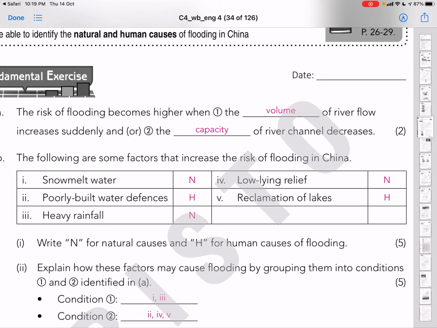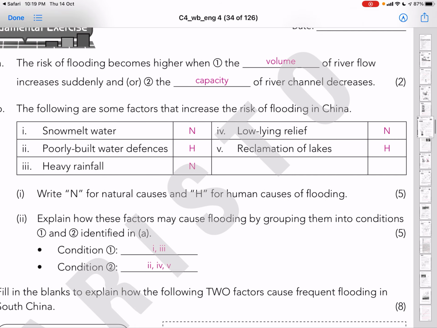Low-lying relief: I am always telling you in the lesson, flooding will not take place in the hills; instead, it happens in low-lying areas. Reclamation of lake makes the lake volumes lower, and it may reduce the capacity of the rivers.